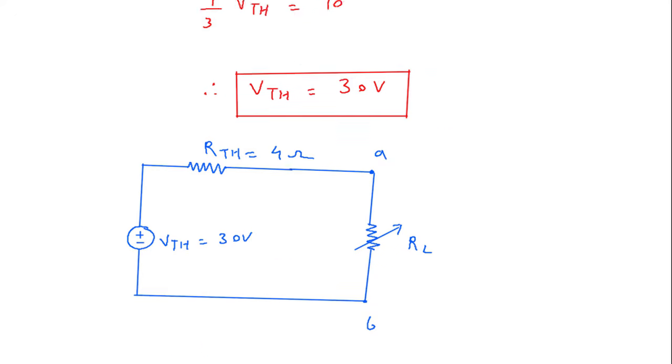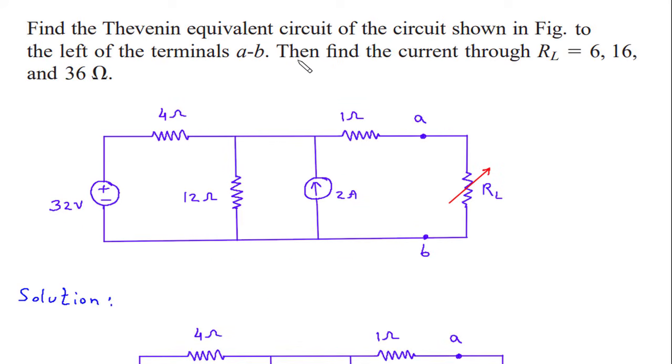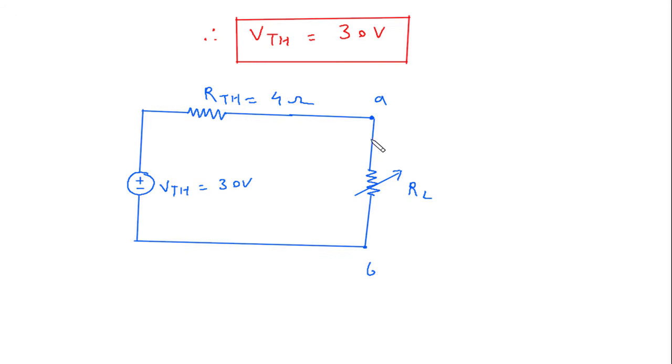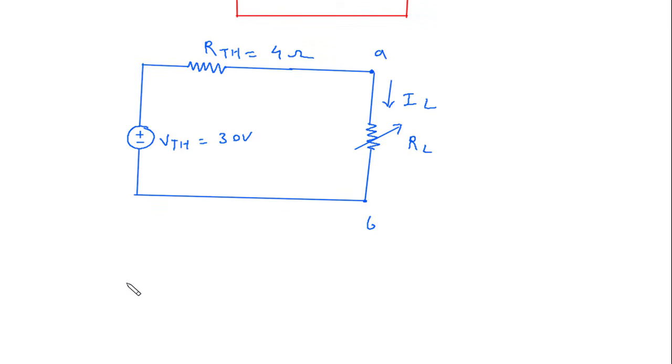Now what do we have to find? We have to find the current through RL. So we have to find IL when RL is equal to 6, 16 and 36 ohm. So IL is equal to VTH by RTH plus RL.